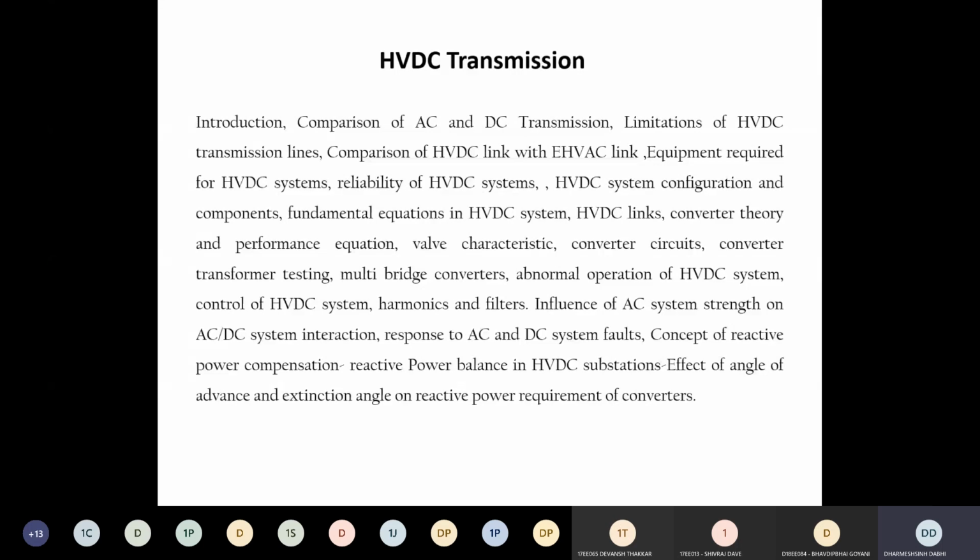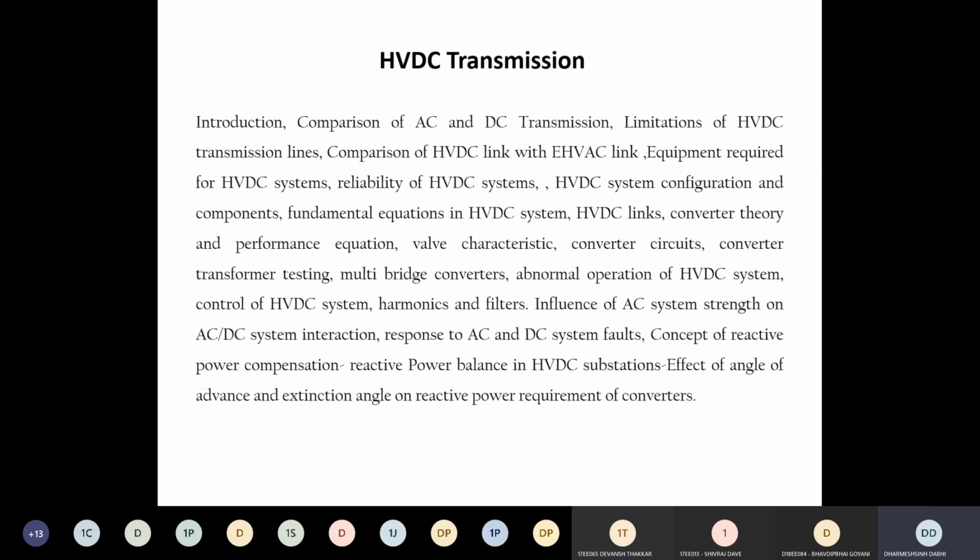Then we understand converter circuits and converter transformers, because the AC power for conversion from AC to DC is obtained from the transformer secondary side. For that there are special types of transformers and different configurations of converters, like multi-bridge converters.